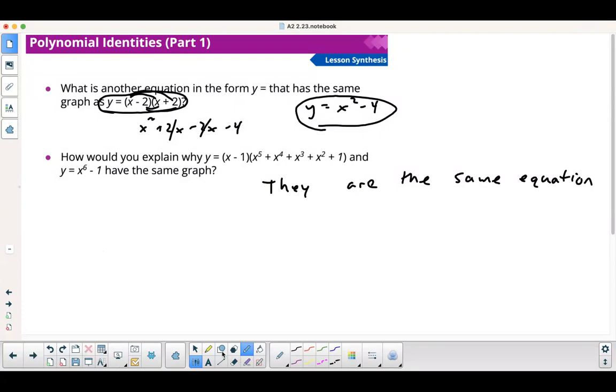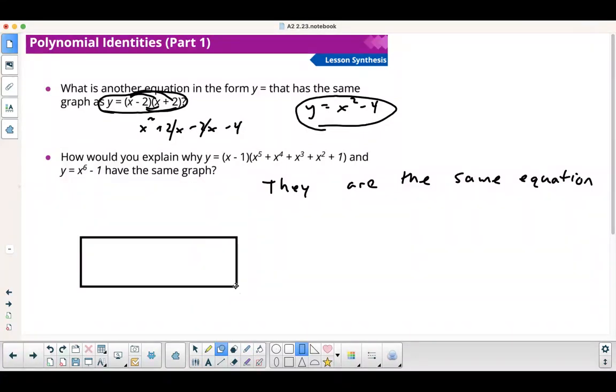So what I would do is I would take a box and I would multiply x minus 1. I'd put my x to the fifth, x to the fourth, x cubed, x squared, x, and 1 right here.